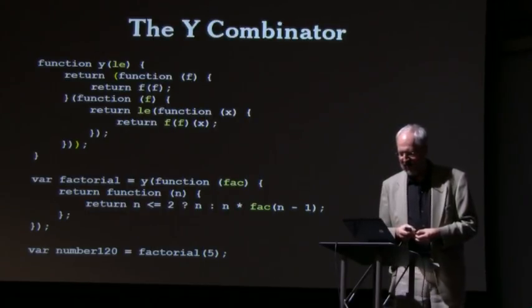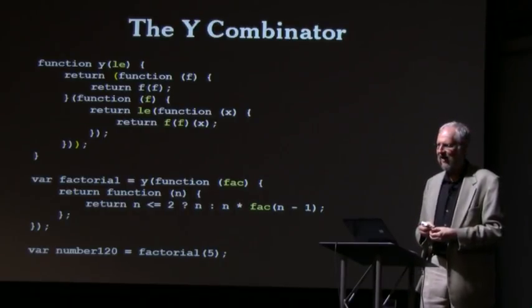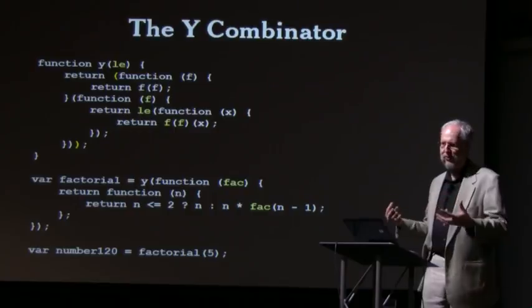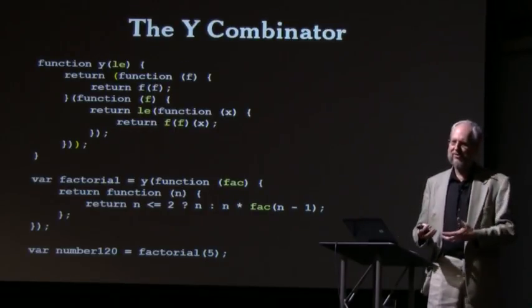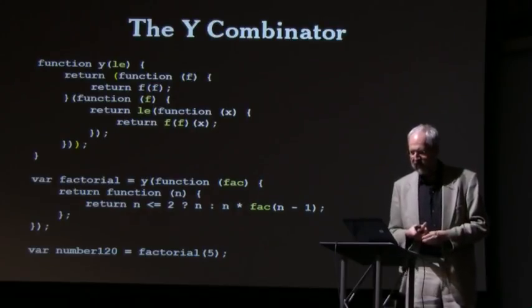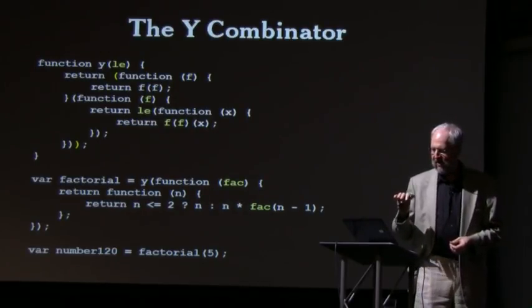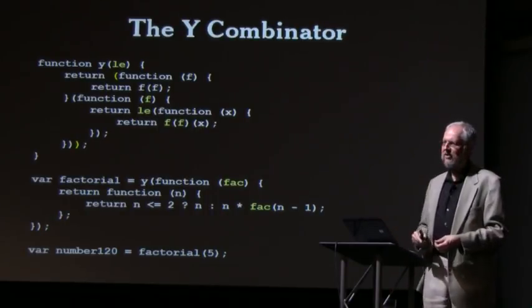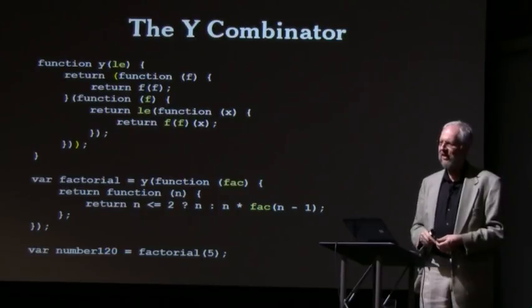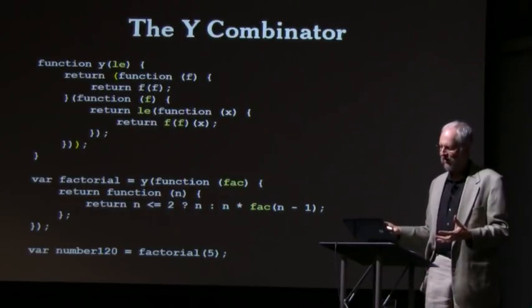It's a function. It's a really complicated function, although it's not very big. It's incredibly nested functions within functions, calling themselves, passing themselves as parameters to themselves. So I call Y, passing in a factorial formula. It returns a function, and the function it returns is the recursive factorial function. This is really wild stuff.